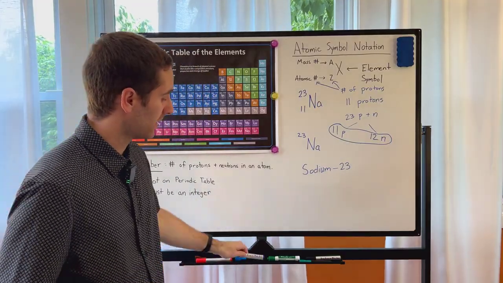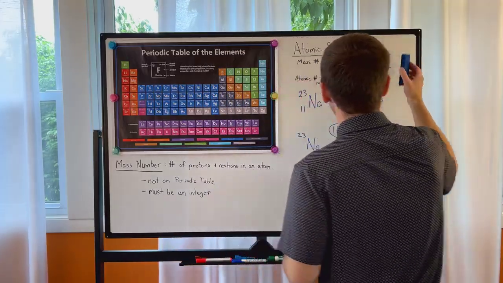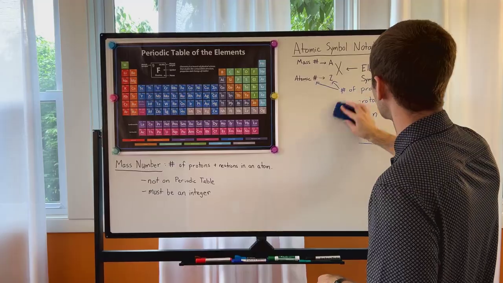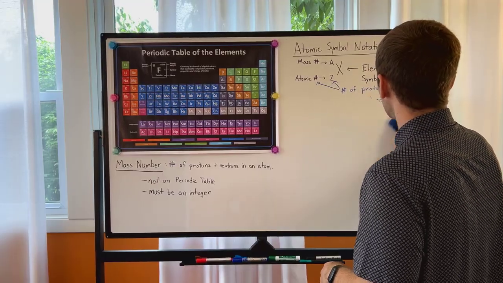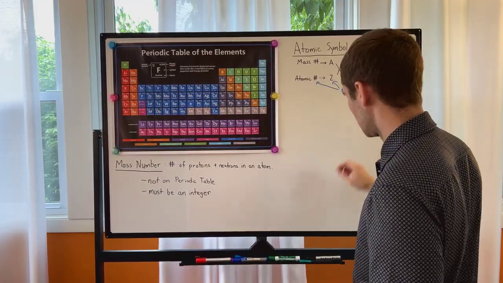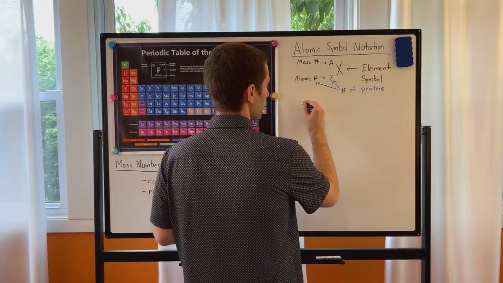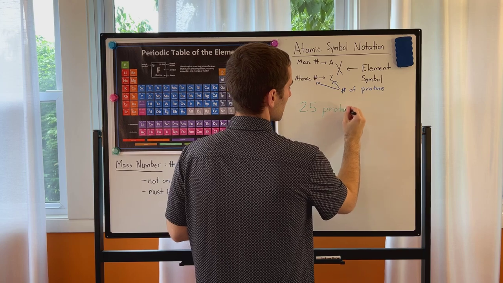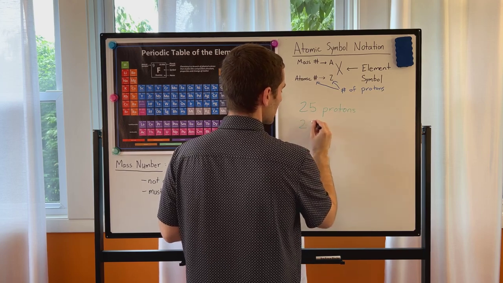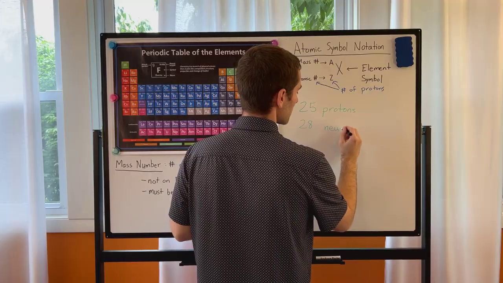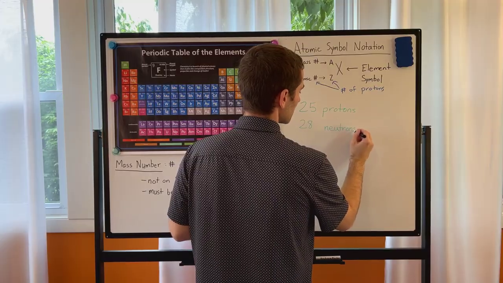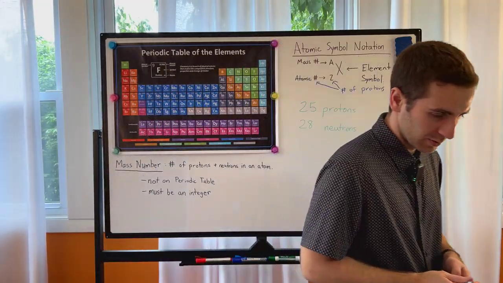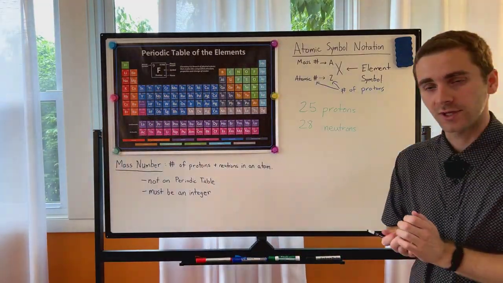Let's say I have an atom that has 25 protons and 28 neutrons, and I want to write the atomic symbol for that atom or that nucleus.